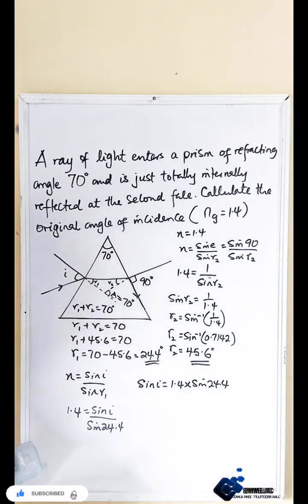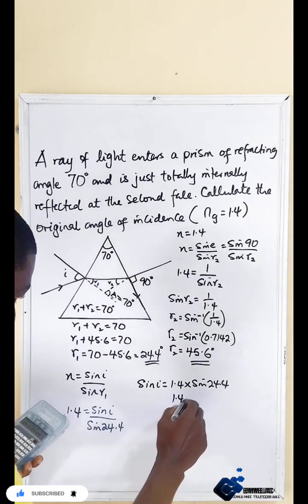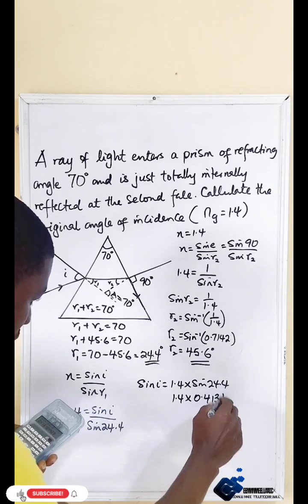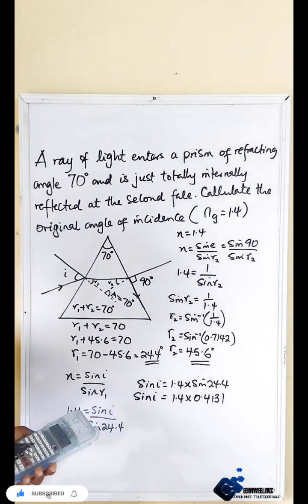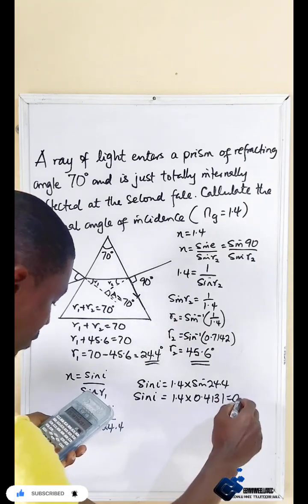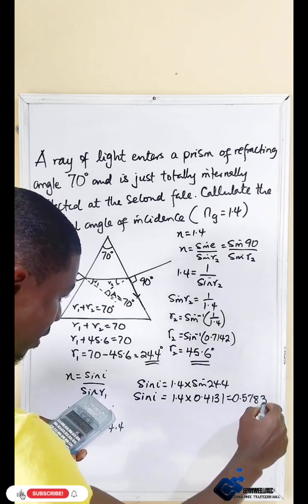Now sine 24.4 will give us 0.4131. So sine i equals 1.4 times 0.4131, which gives us 0.5783.